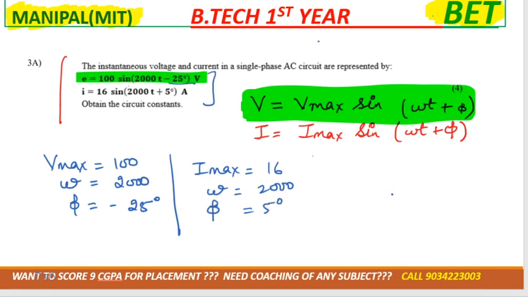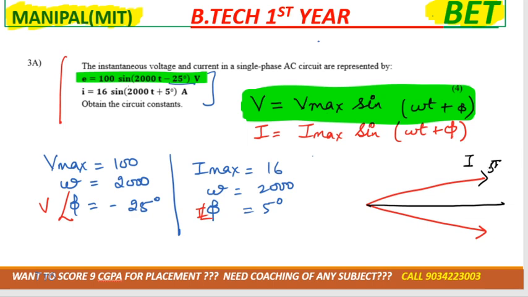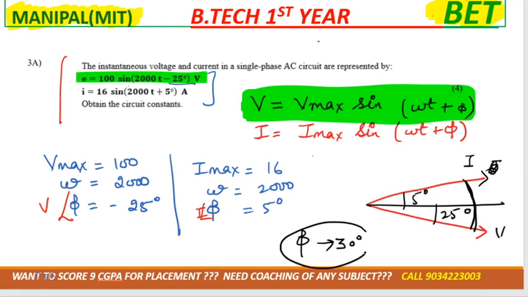If I draw the phasor diagram, the angle of the voltage is minus 25 degree, that is downward, and the angle of the current is plus 5 degrees, upward. So this is 5 degree and this is 25 degree. Now can you tell me what is the angle between voltage and current? 30 degree, right? So that is phi.